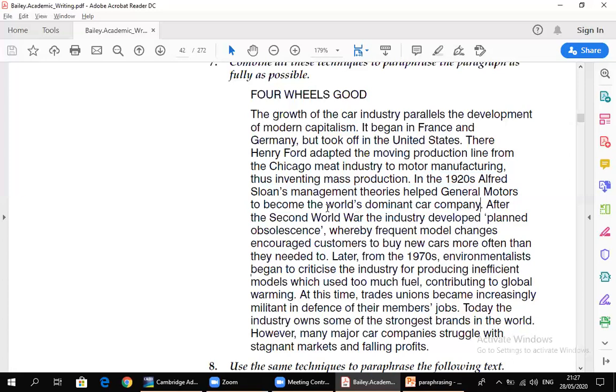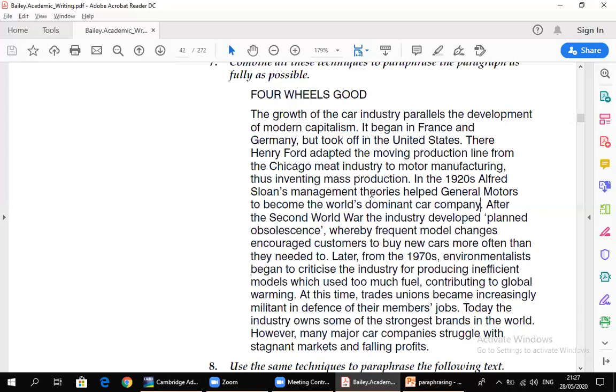We can start with this one. So General Motors became the world's leading car company thanks to Alfred Sloan's managerial theories, which helped him a lot.